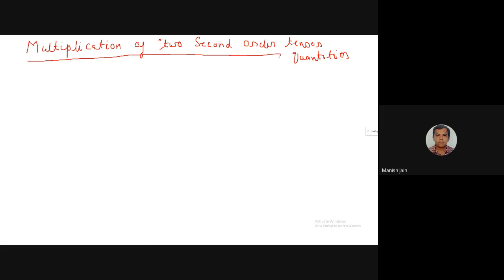Now we will see the multiplication of two second order tensor quantities. So first the dyadic product.